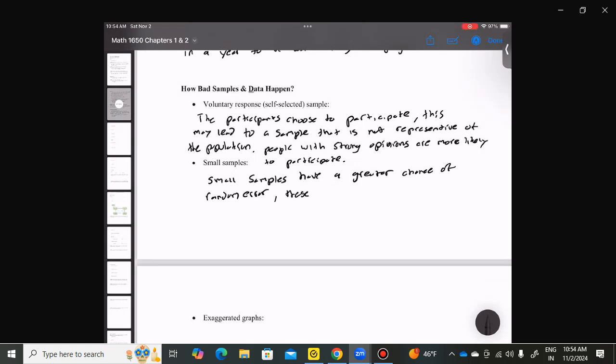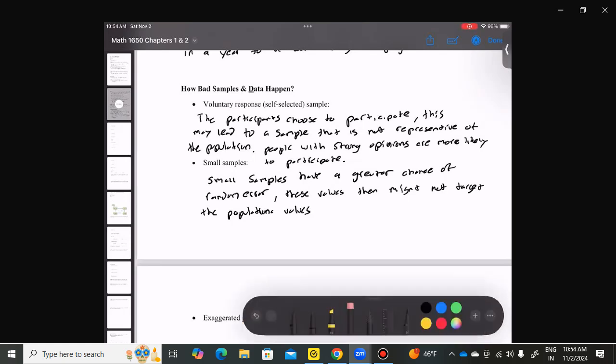These values then might not target the population values. Think about flipping a coin. We know the coin has a 50% chance of being heads. You flip it once, it's either going to be 100% chance that you got heads in that first flip, or 0% chance you got heads in that first flip. It's never going to be 50.